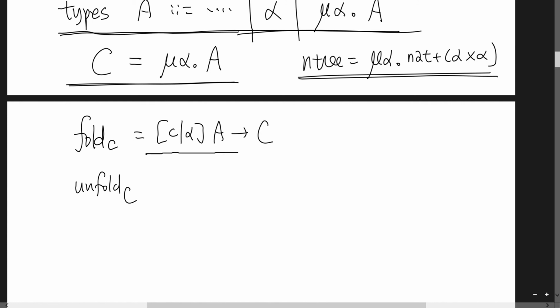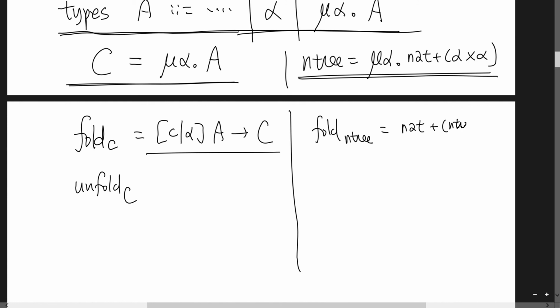And this fold C has type C for alpha A arrow C. So this looks quite confusing, but it's actually quite simple. Let's see the example here on the right side. Fold nat3 is going to take nat plus nat3 times nat3 and return nat3.